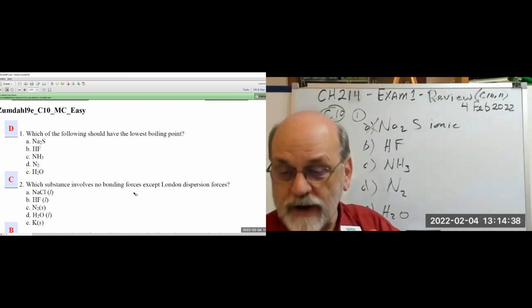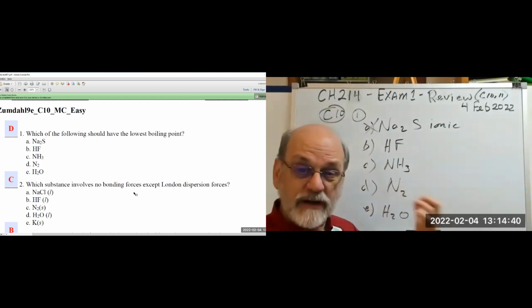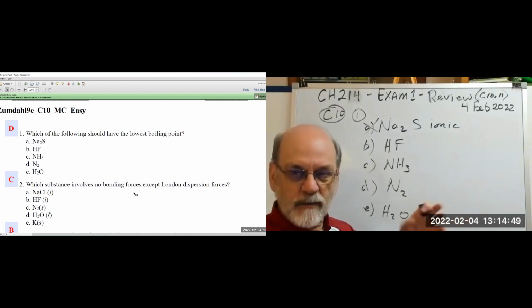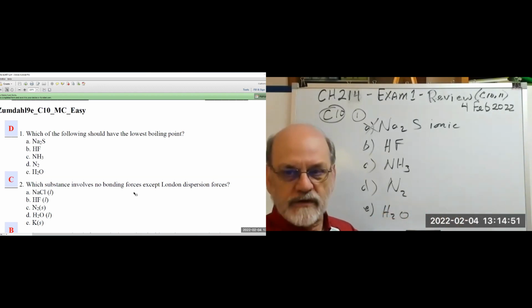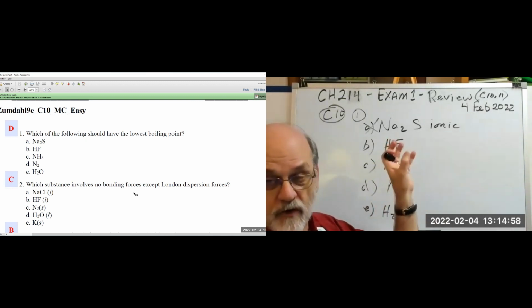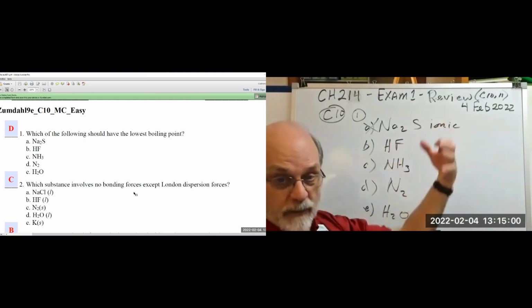Now, I could go straight to the lowest boiling, the easy way. But what I'd like to do is investigate this in terms of intermolecular forces. What's holding these things together? This is ionic bonding. That's why it's the strongest. It's going to be the highest boiling point.